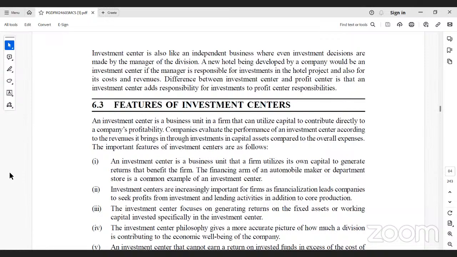Investment centers are increasingly important. As financialization leads companies to seek more profits from investment activities in addition to core production. You see, for example, the Hyderabad Metro. They have different kinds of activities in their metro project, like advertisement, parking, passenger tickets, advertisements on the vehicles, advertisements in the metro trains, or hoardings on the metro pillars.